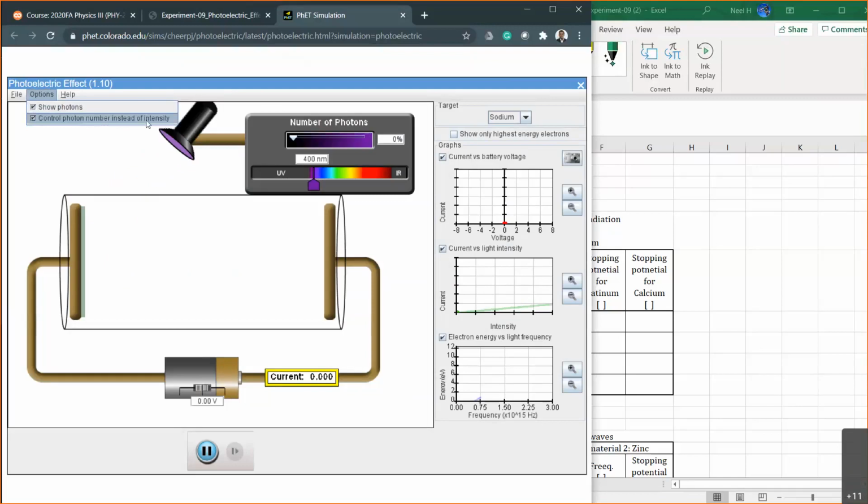So let's do that, because the problem was that if I use the intensity and control it, at any given moment, if I click the battery voltage, the intensity changes automatically inside the simulator. Maybe that's the way they set it up. So let's try with the photon. As I checked earlier, we can change that accordingly.